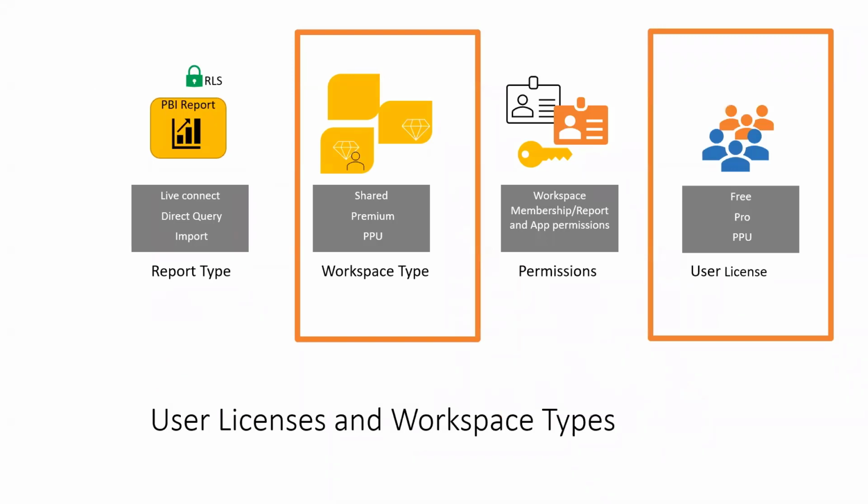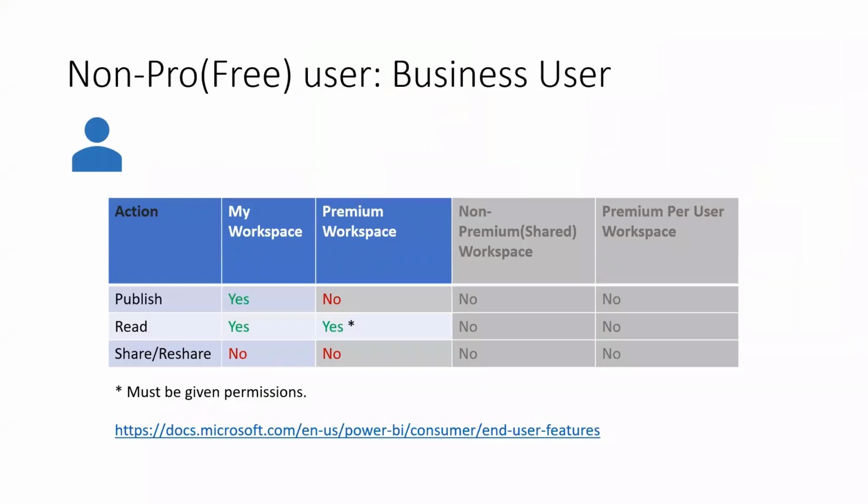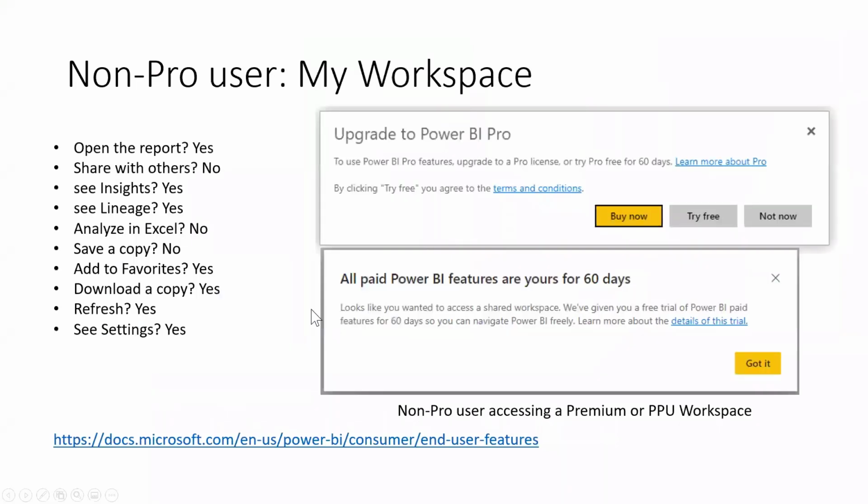All right, so then you put together the user licenses on workspace types, and everything that I just explained comes together. So a free user can publish and read from their My Workspace. They can only consume from a premium workspace, nowhere else, and that's only if someone has given them permission.